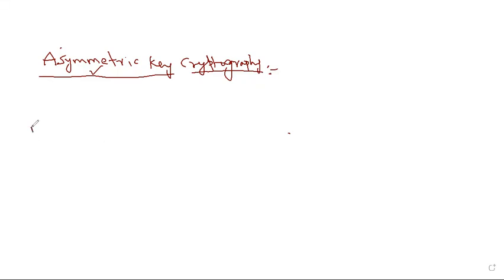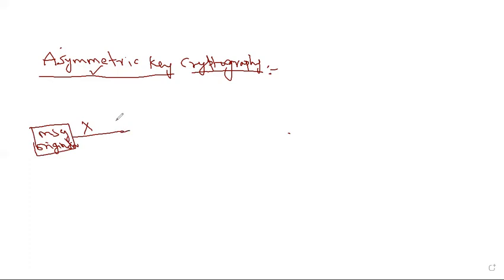Suppose the sender is here. The sender wants to convey a message. This is the message originator. The message originator is always the sender, right? Now suppose the message originator, the sender, wants to send message X. Suppose this X may contain some bits, X1, X2, X3, and so on.